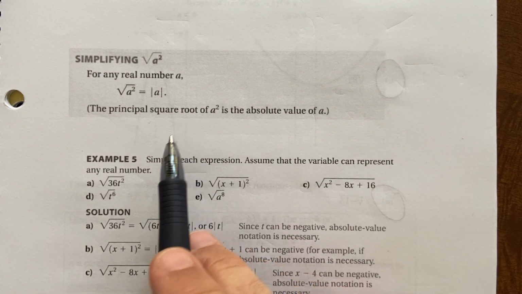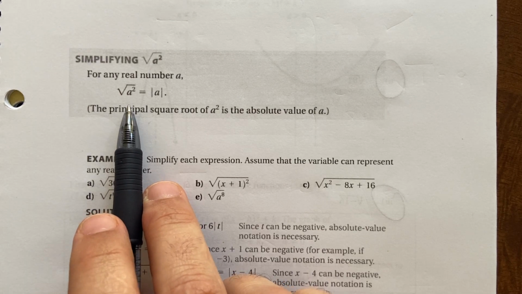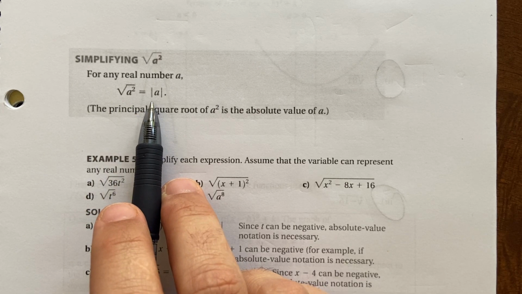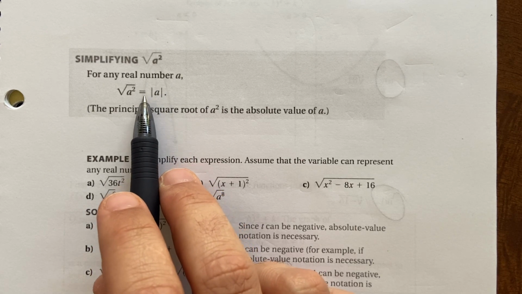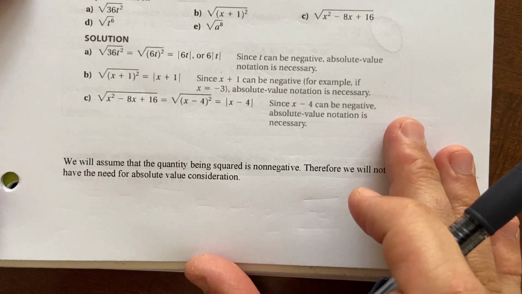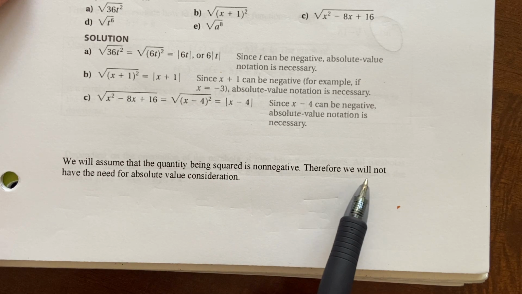So technically, here's a technicality. When we are simplifying, if I have the square root of something squared, that should actually technically simplify down to the absolute value of a. What we're going to do going forward, though, is assume that everything that's being squared is non-negative.